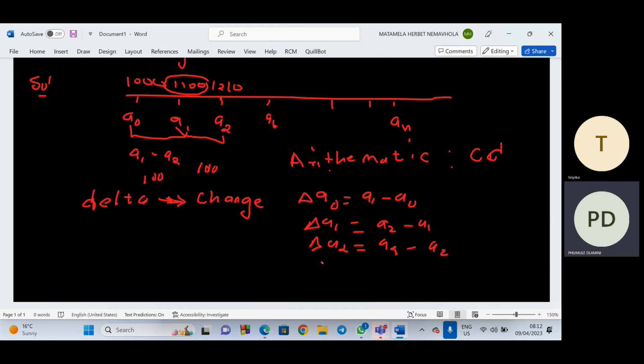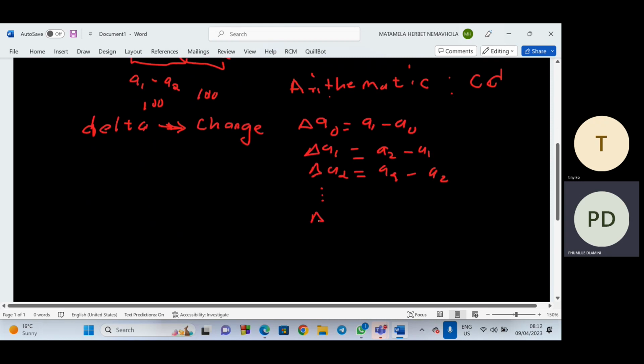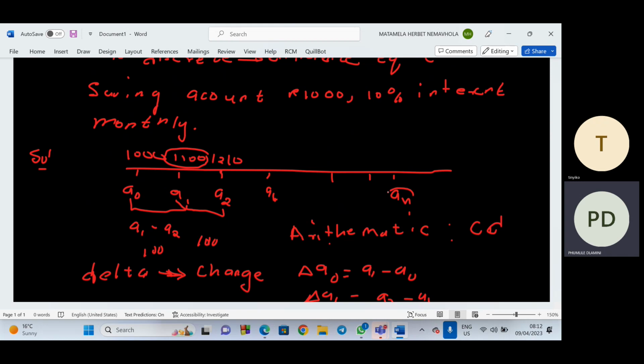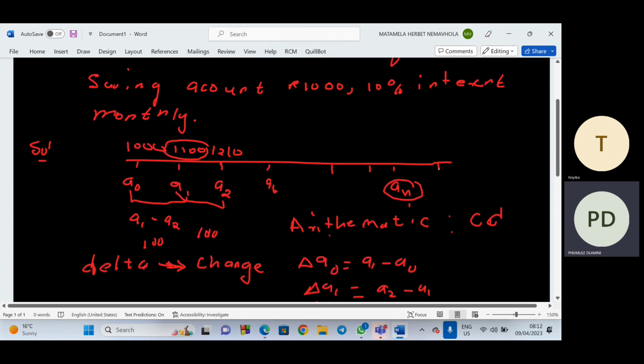So if you check here, if we go until AN, you will find that in these changes, the change at A0 starts with A1 minus A0, the term after itself, and then again we subtract itself. So if we want the change of AN, it is going to be the term after AN, which is AN plus 1.